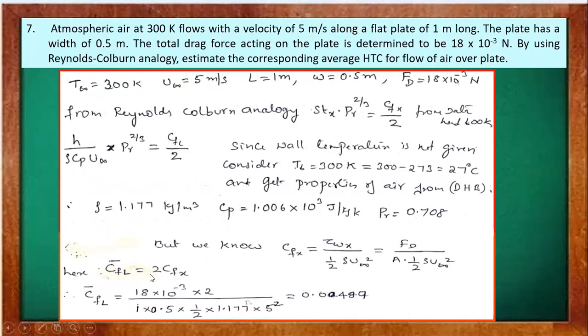Just substitute in this expression: 2 into Cfx, drag force 18 into 10 power of minus 3, which is given, divided by area 1 into 0.5, that is length multiplied by width, multiplied by half into rho, which is 1.177, into U infinity 5 meters per second squared. So get the average friction factor.